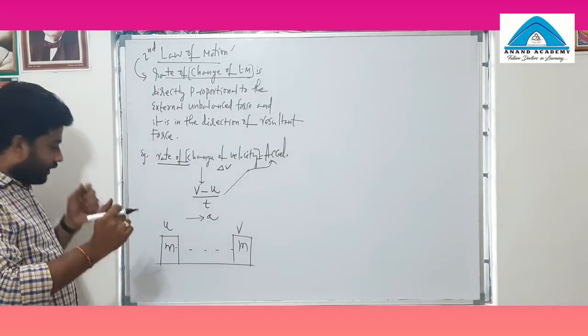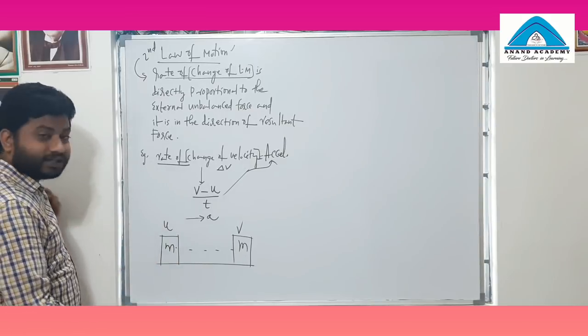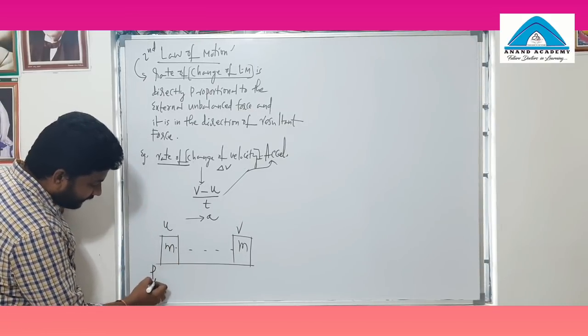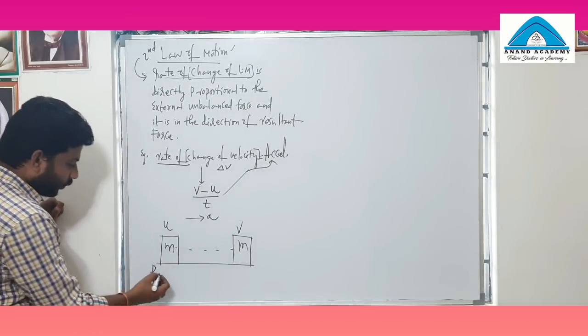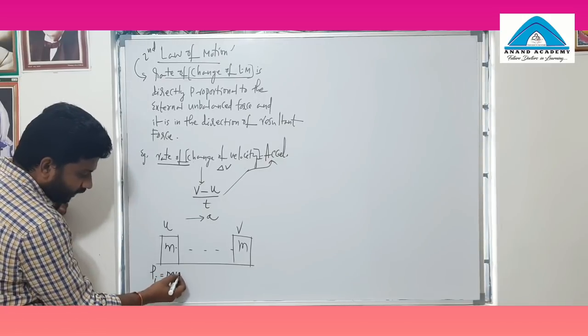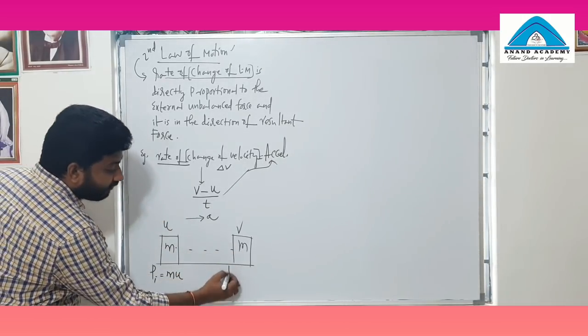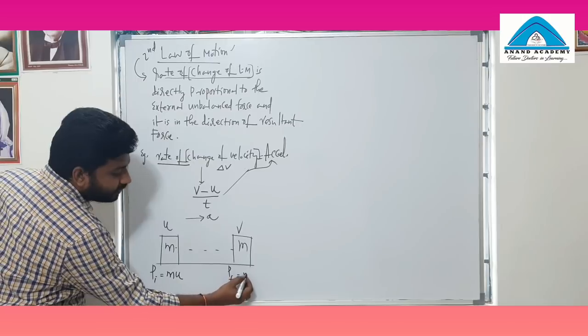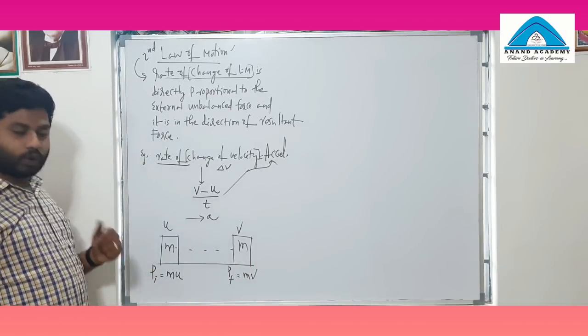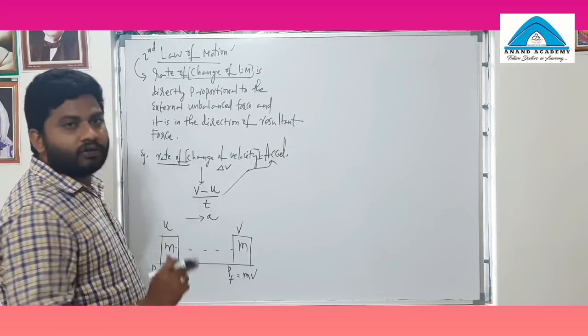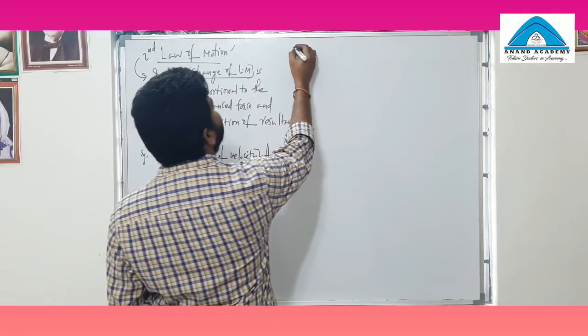Speed is increased. Now here, mass into initial velocity I can write as initial linear momentum, which is equal to mass into initial velocity. Here, final linear momentum is mass into final velocity. Now, we already discussed this in the last classes.